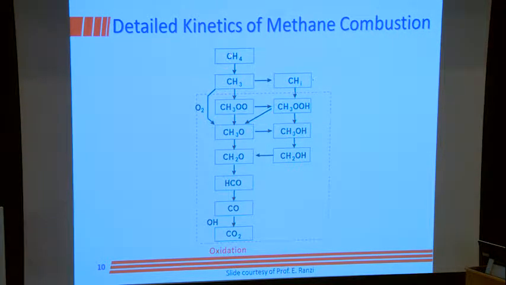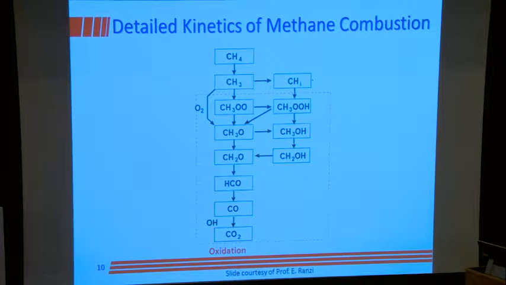And this just shows you the main oxidation process for methane. So methane can undergo hydrogen atom abstraction. We form methyl radical. And then at high temperatures, that can react to give formaldehyde plus OH or methoxy radical. And then methoxy radical can decompose to give formaldehyde.